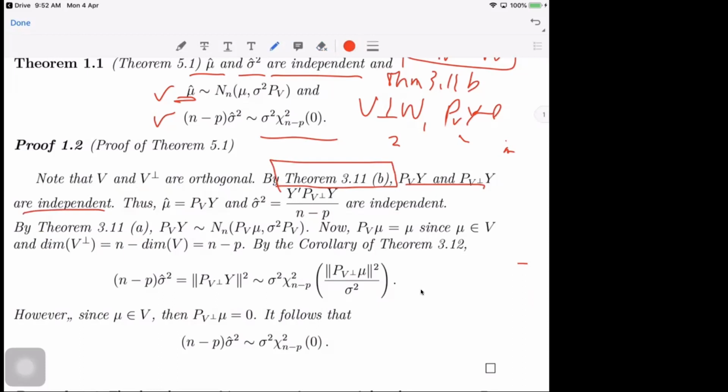You have to pass through the concept that you have to show that the off diagonal of the covariance of the projection of y onto v and the projection of y onto b perp is 0. Okay? Okay, ma'am.